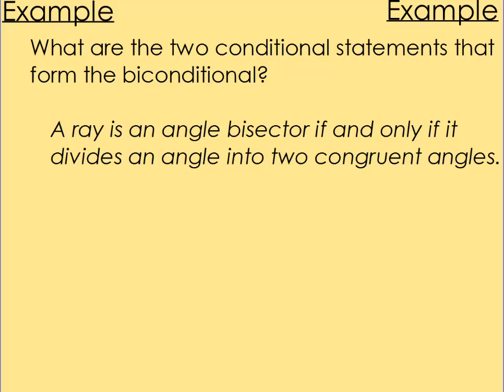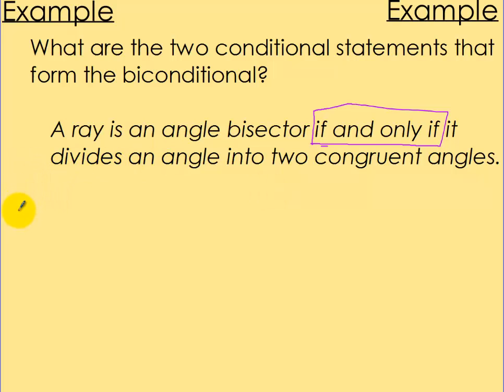Alright, let's try this. What are the two conditional statements that form the biconditional? So you've got a biconditional: a ray is an angle bisector if and only if it divides an angle into two congruent angles.